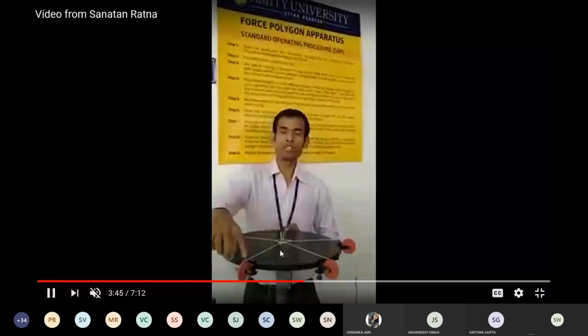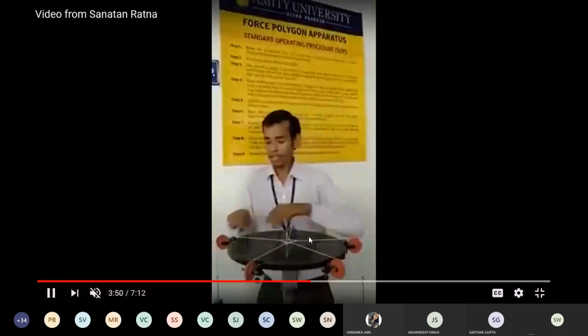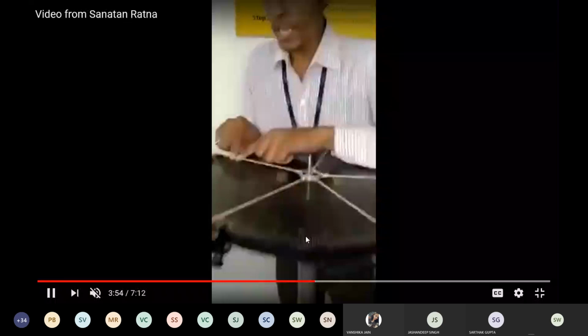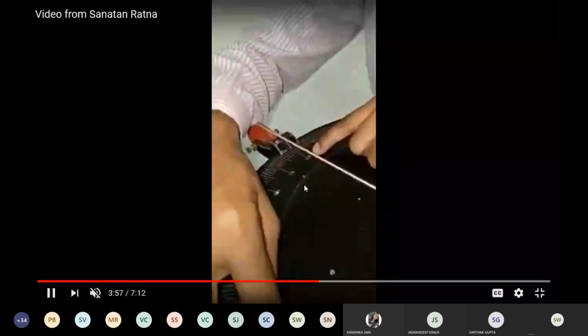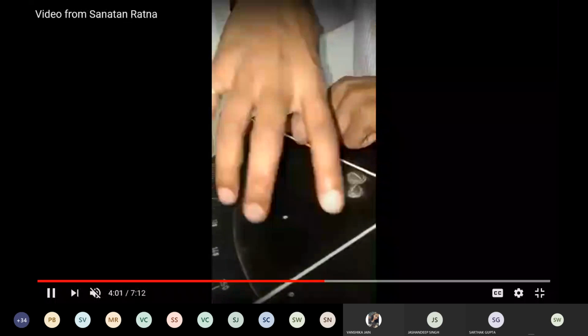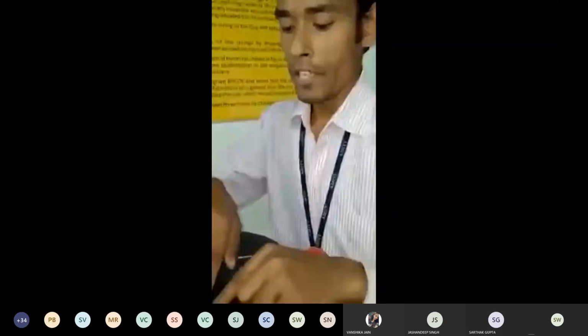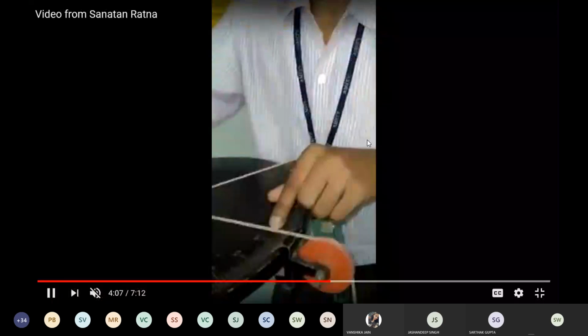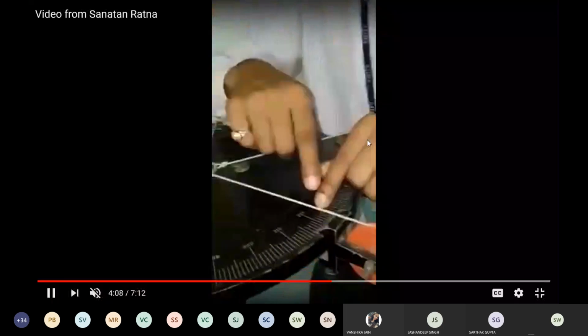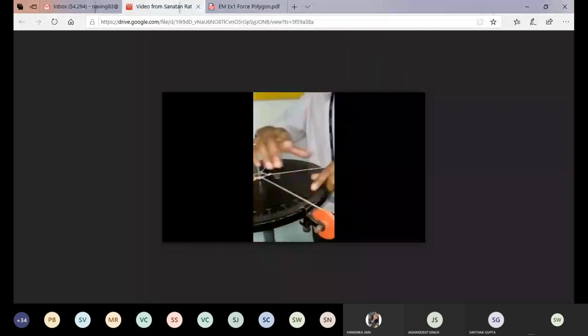Similarly for B and C, the angle will be theta 2, for the next theta 3, and similarly theta 4. That is how you have to calculate the angles. The angles I have already shown you: 160 is here, 80 is here. So 160 minus 80, that is the angle. So I think from my side it is done. I have already explained everything to you.